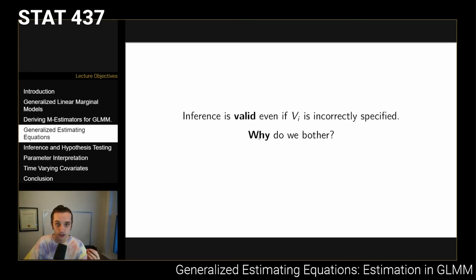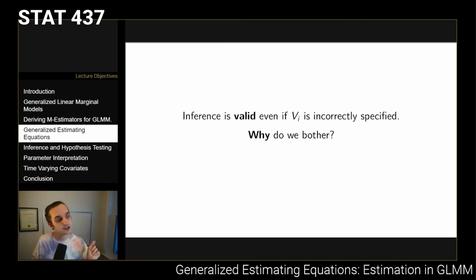If you do not specify the variance model, you're not going to have any bias asymptotically. You're not going to have any problems with consistency. But in a smaller sample, you're going to have larger variance than you want. Even asymptotically, you're going to have larger variance than you want. And so the basic premise is by specifying this variance, if we get it wrong, we lose nothing, right? Because our estimators are still going to be fine.